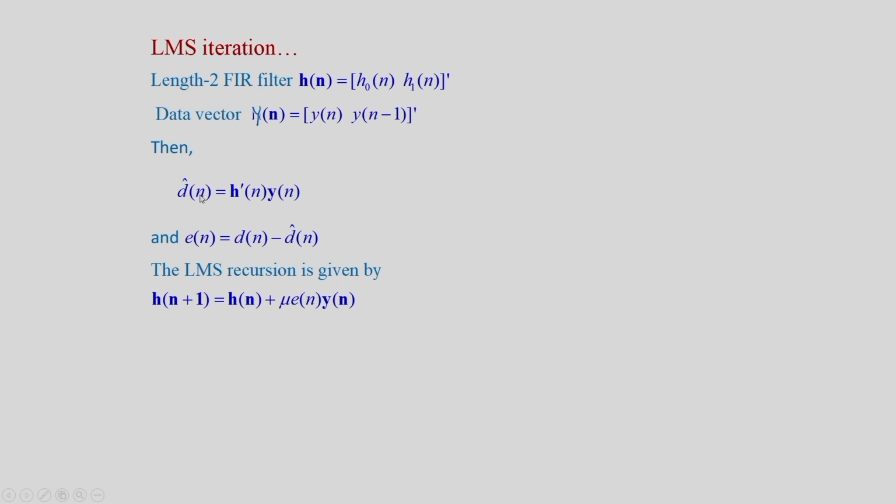Then the output of the adaptive filter d hat of n is given by h transpose of n into y of n, that the algorithm will compute, and e of n is given by d of n minus d hat of n. d of n we already know, d hat of n we have computed here, therefore, we can compute e of n. The LMS recursion is now given by h of n plus 1 is equal to h of n, which we have defined here, plus mu times e of n into y of n. In this way, we can update the filter coefficients.